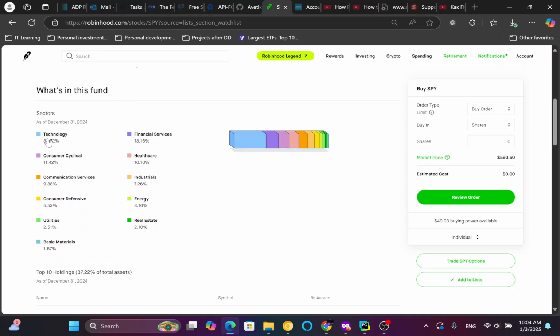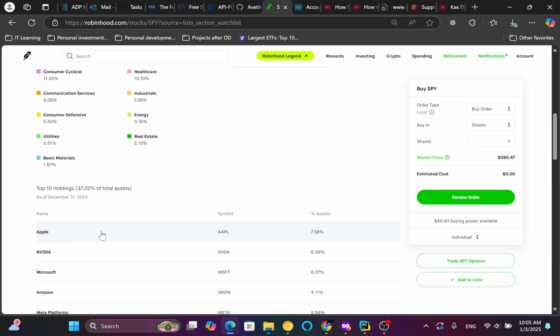We can see technology is roughly 34%. So the managers of this fund decided that technology is the most important sector to invest in. 34% of the money available for investment is in the technology segment, and among that Apple is in first place.